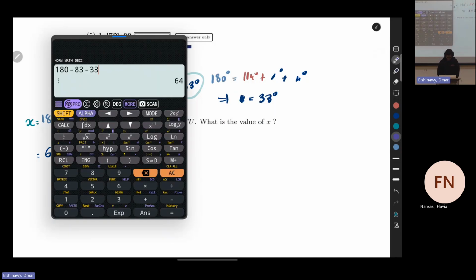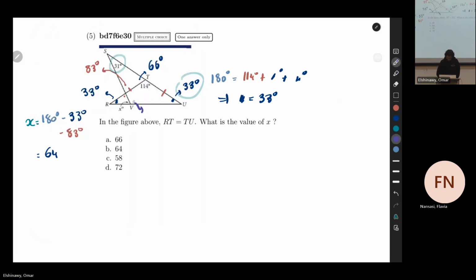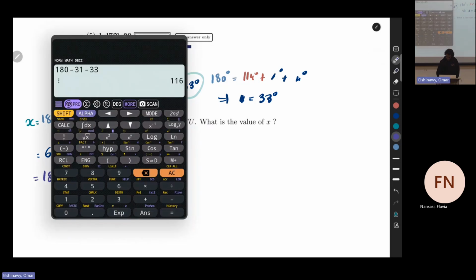It's going to be 180 minus 31 minus 33, so 116. Correct? And then you conclude, it's very simple. You just do 180 minus 116, which will give you 64.